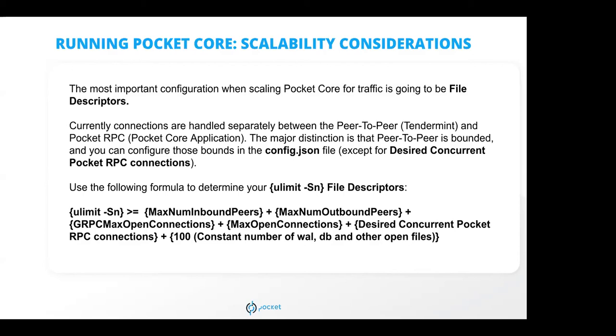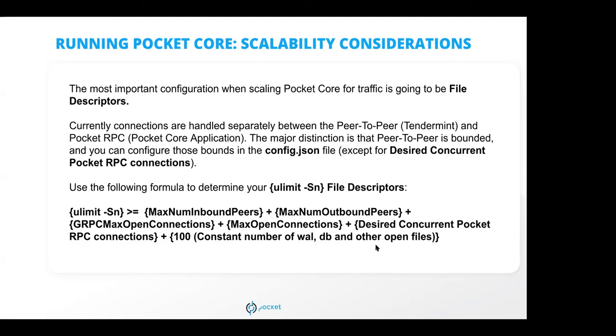And we're gonna limit this using the request queuing in the reverse proxy. So you add that amount in there plus 100, which is a constant number for the wall, DB, and other open files that is always constant.